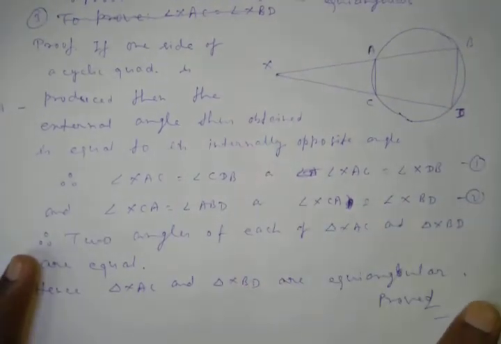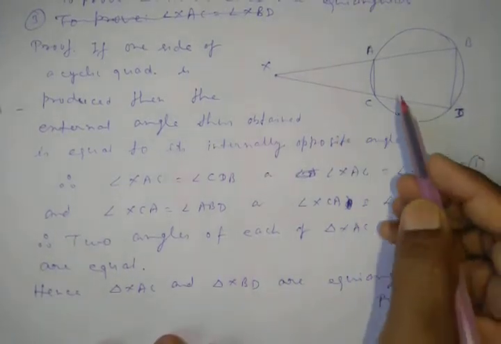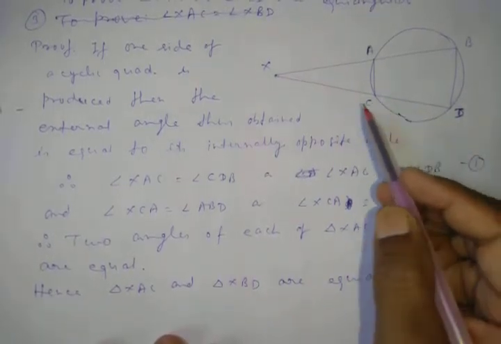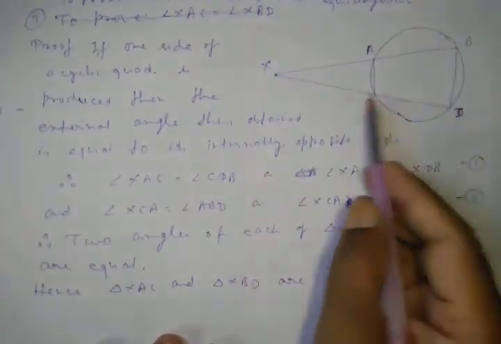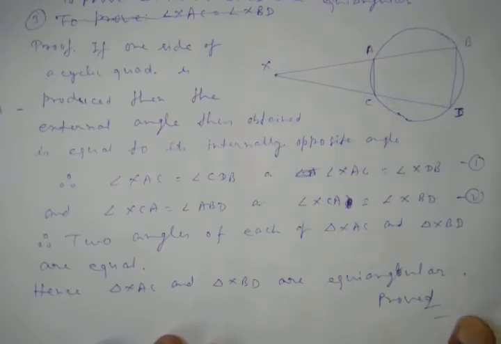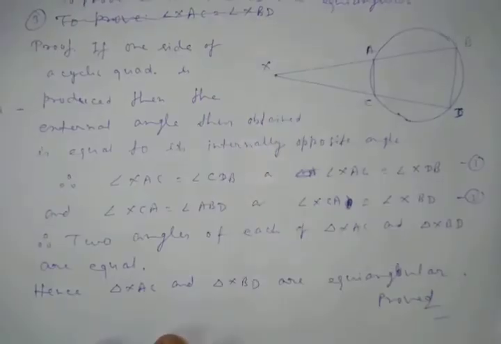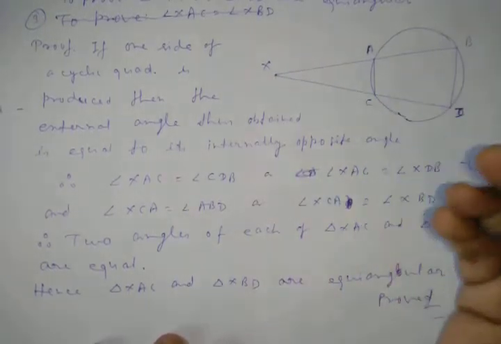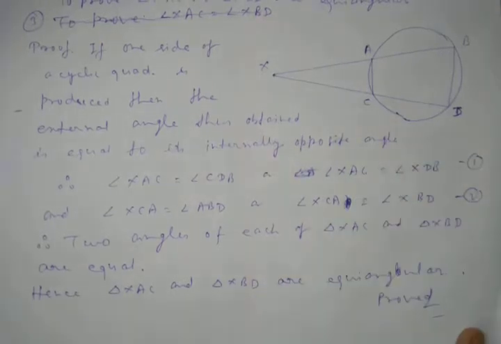Then we have to prove that the triangles XAC and XBD are equiangular, meaning the angles of these two triangles are equal.